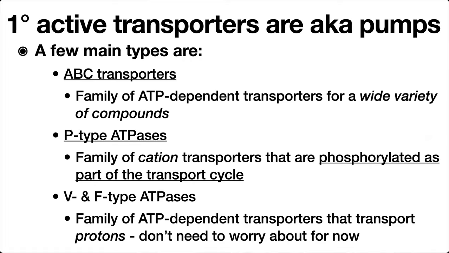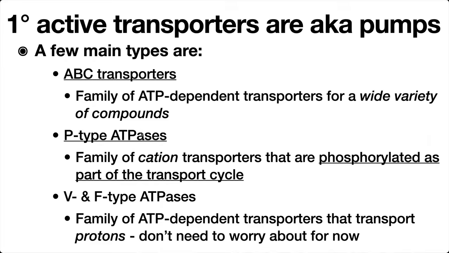I don't need you to know the names of these different types, but you might see these terms used, especially ABC transporters. These are going to be important biomedically, and we'll talk about that in a second. These are ATP-dependent transporters that typically use hydrolysis of ATP to cause a conformational change to let things through.